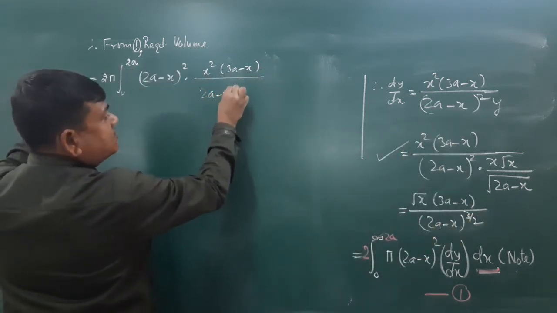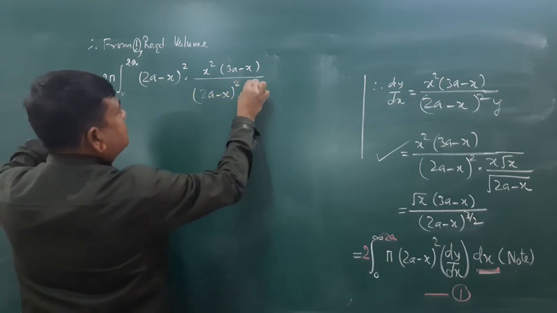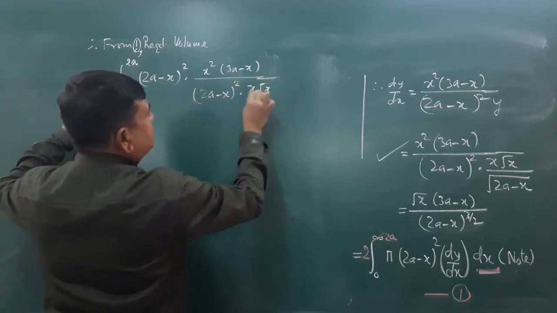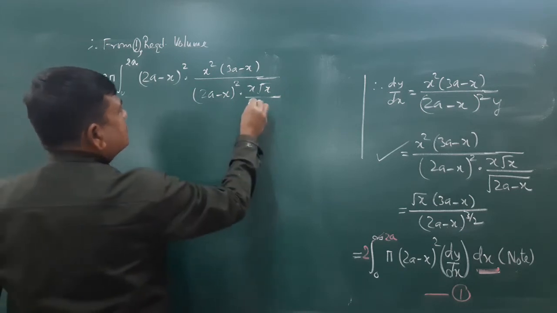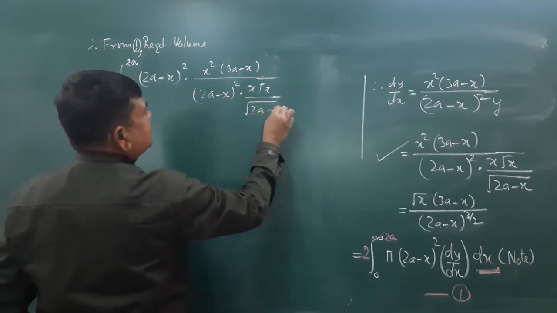So it is (2a minus x) whole square into x root x upon root (2a minus x) dx.